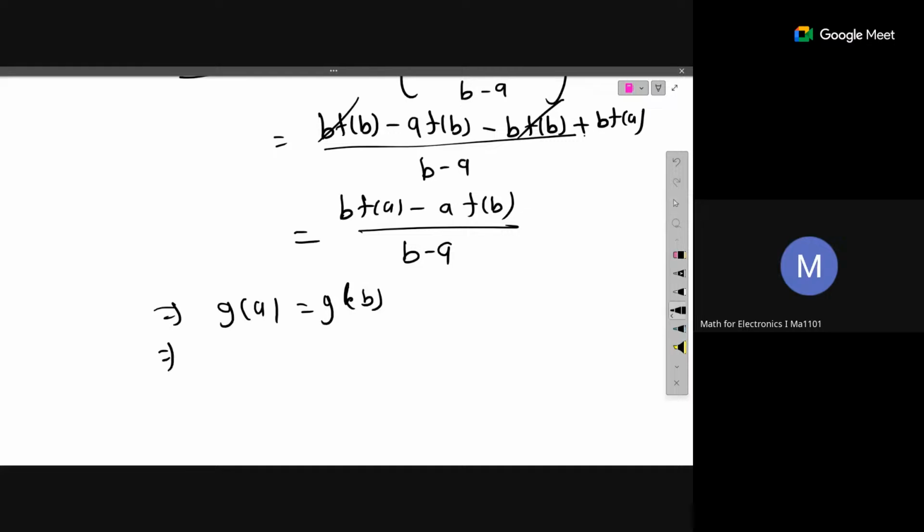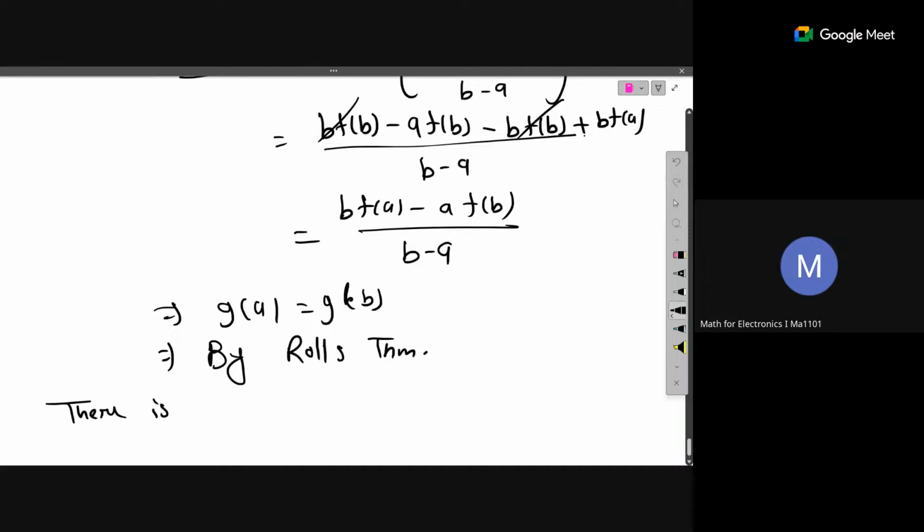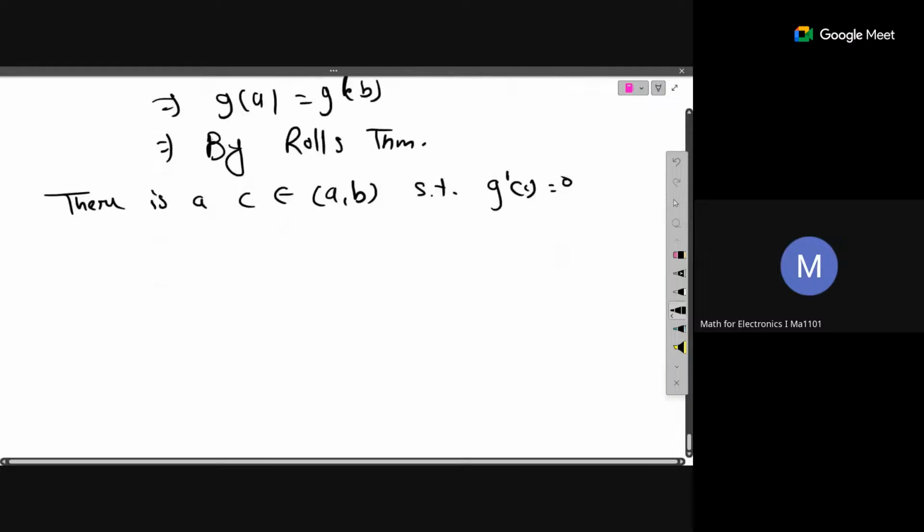So by Rolle's theorem, there is a c belonging to the open interval (a, b) in such a way that g'(c) is equal to 0. Right.